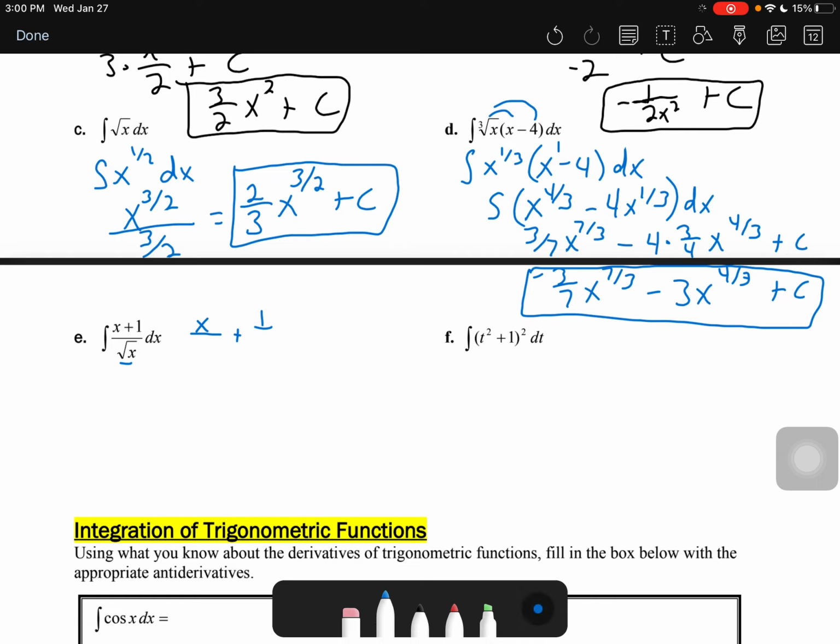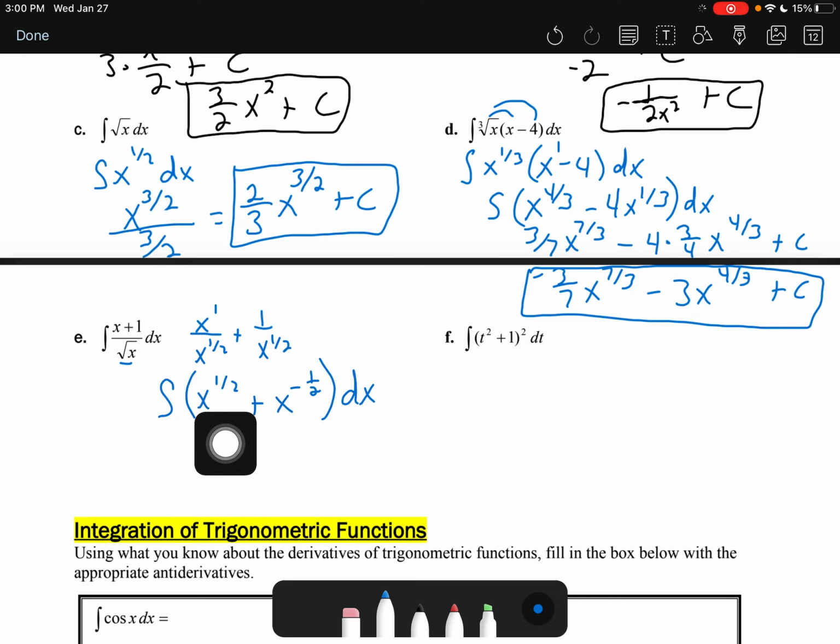We typically want to go to our rational exponents because that allows us to work with these exponents as numbers instead of the radicals. Okay, so if I have x to the first on top, and if I have x to the 1/2 on the bottom, so that's going to be x to the 1/2 plus x to the negative 1/2. And now I'm going to integrate this expression, okay?